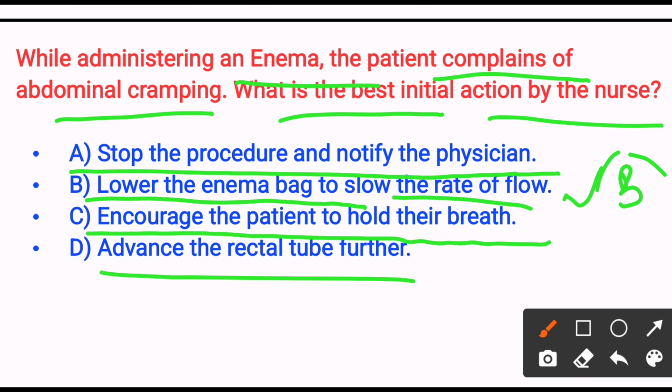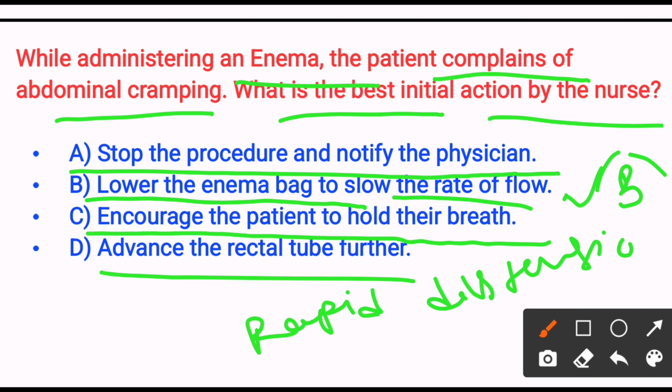Abdominal cramping is often caused by the rapid distension of the colon by the fluid. Why is option B correct?